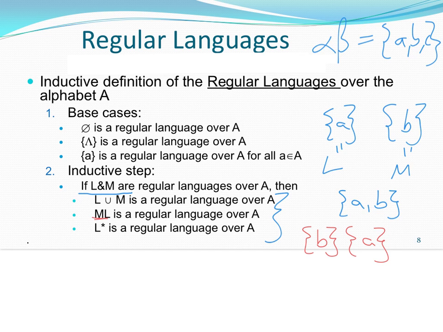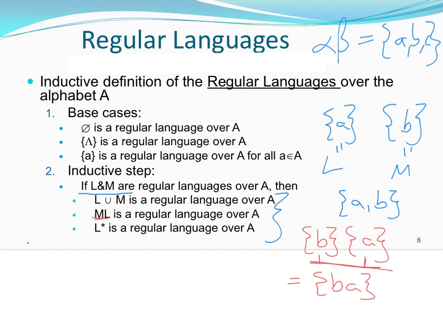Of course, we could change what we call L and what we call M. But it says this is a regular language, and what is this? Well, this is just the language where you take one thing from here and one thing from here. There is, in fact, only one thing in each of those, so that's the language containing a single string, BA.